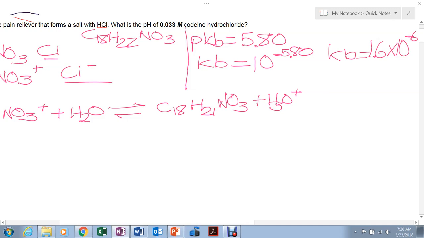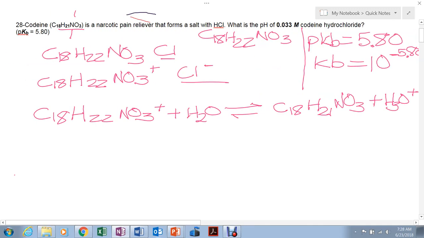Okay, so now we're going to do the ICE for this. What is the problem asking? It's asking for the pH. And the hydrogen concentration comes from the reaction of the conjugate acid of this base with water.